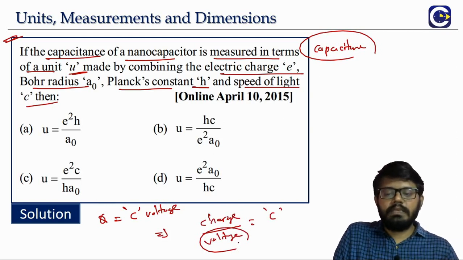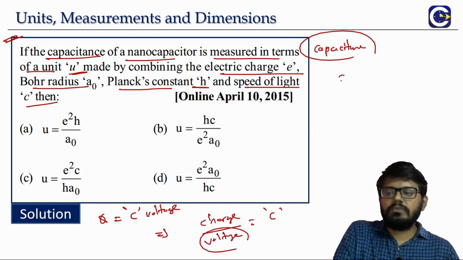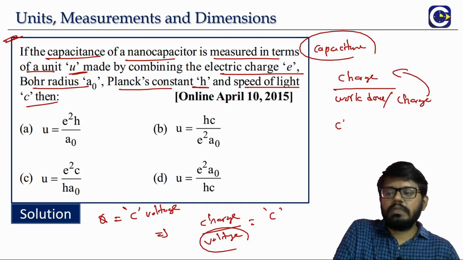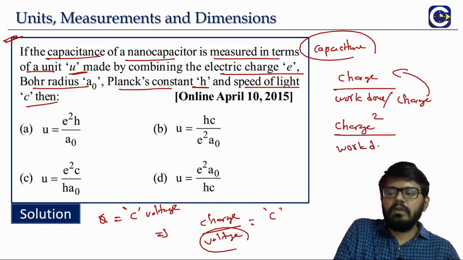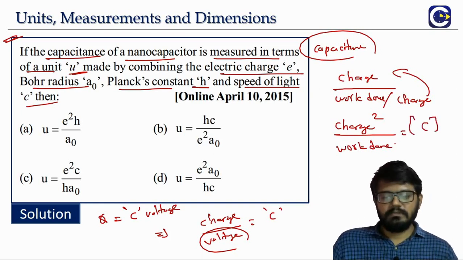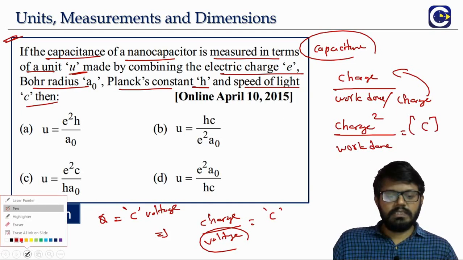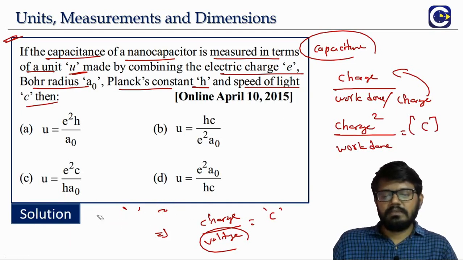Voltage means work done by charge, so charge by work done by charge. Charge will go to the numerator. So it is charge square by work done. That is the capacitance dimension-wise.